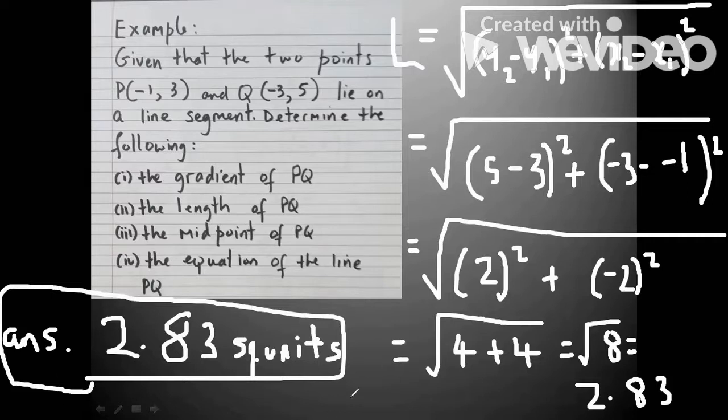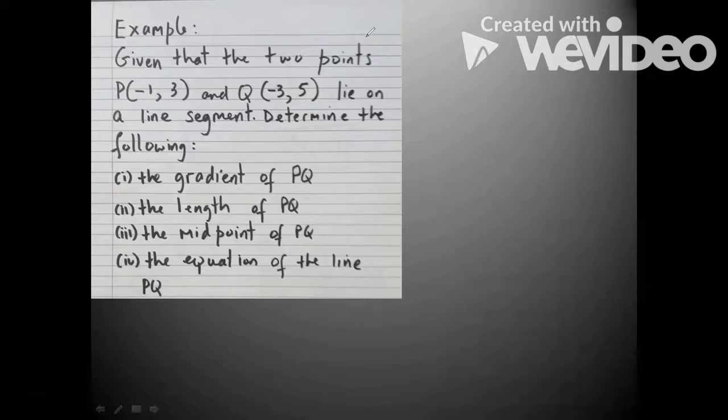Let's go down to the midpoint of the line. Part 3. Part 3 says to calculate the midpoint, represented by capital letter M. Now, it doesn't have to be M, you know.